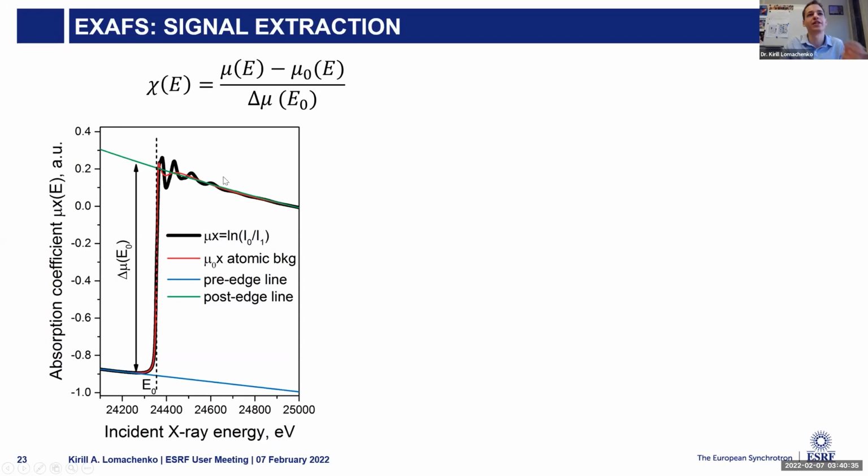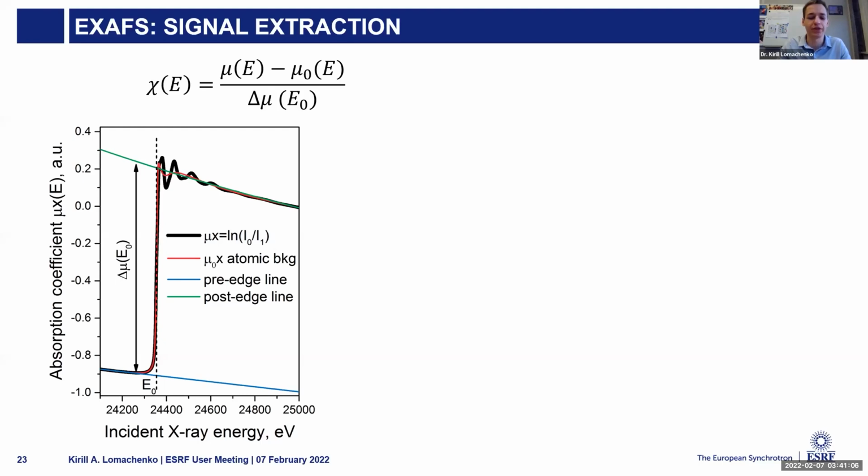And you have to define the edge energy, E0, which is usually defined as the maximum of the first derivative of the spectrum on the edge. But there is no fundamental law of nature that tells it has to be exactly there. So you can define it in a consistent way throughout your data set. And as you will see later, you will refine this value.